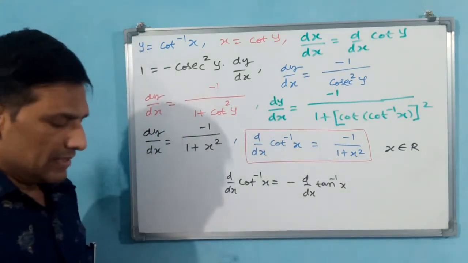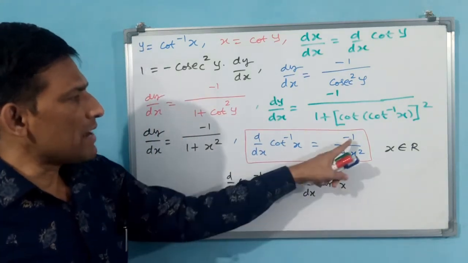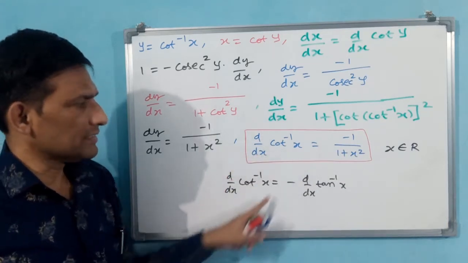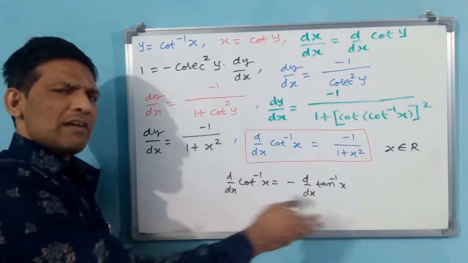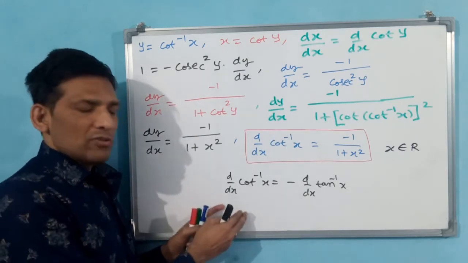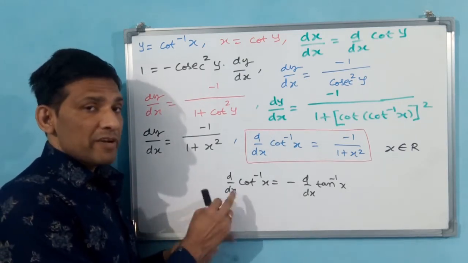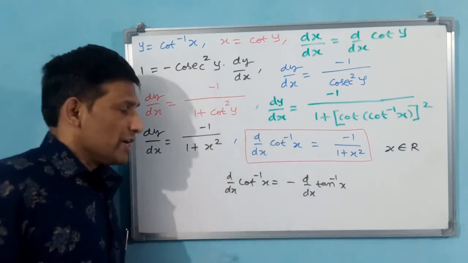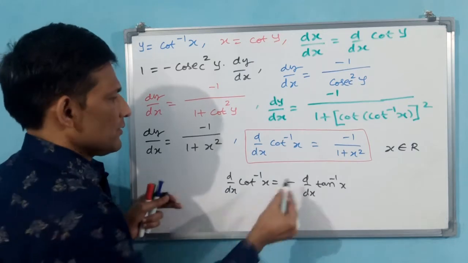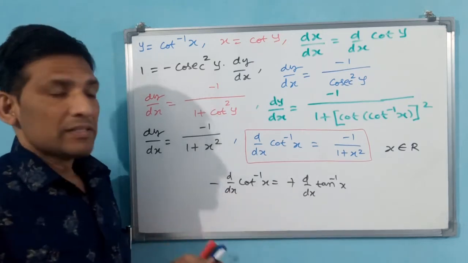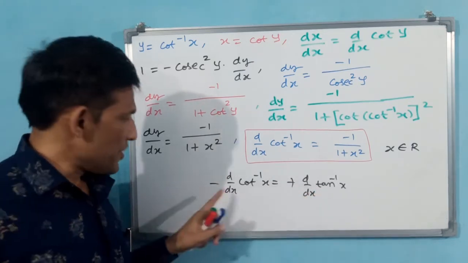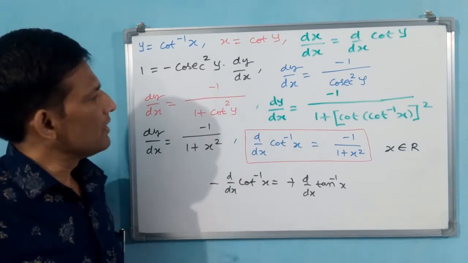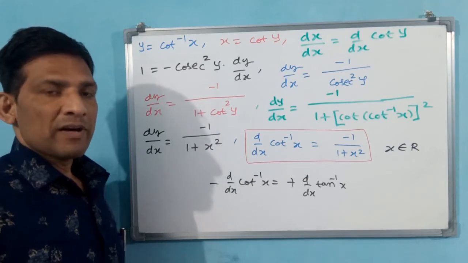Both are vice versa, both are negative of each other. The derivative of cot inverse x is the negative of the derivative of tan inverse x, and the derivative of tan inverse x is the negative of the derivative of cot inverse x. Take this. We will go for the fifth one.